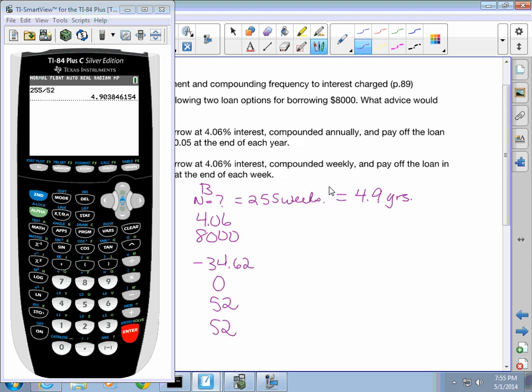Okay, so that 4.9 years, if you change that, 52 times 4 is 208, so 255 minus 208 will be 47. So this is actually 4 years and 47 weeks.